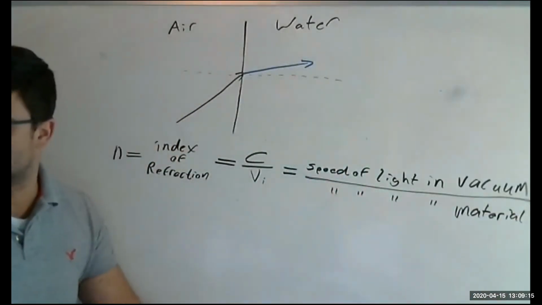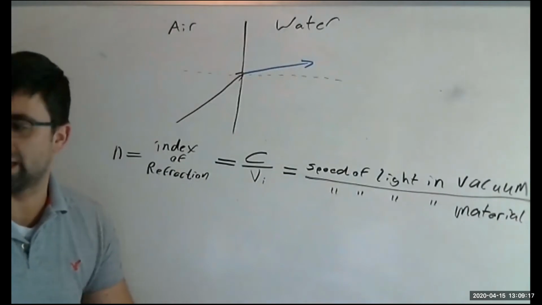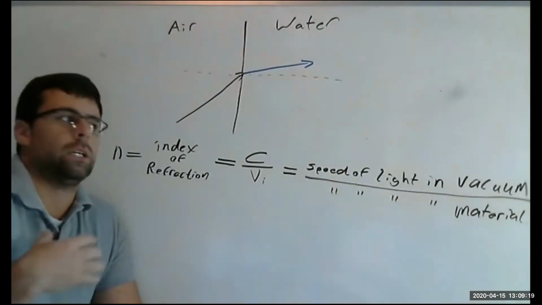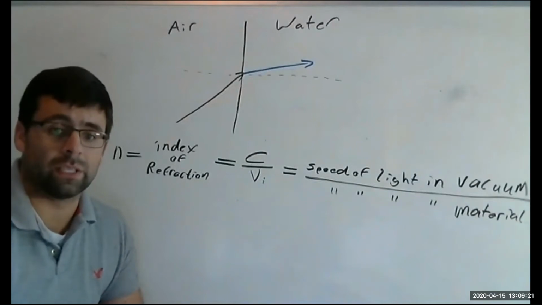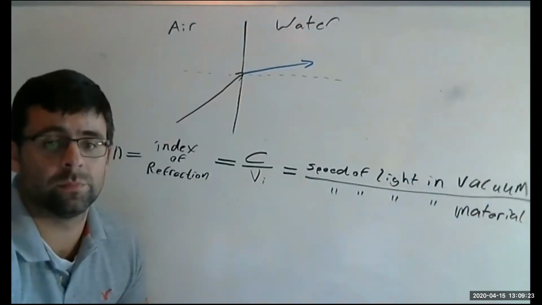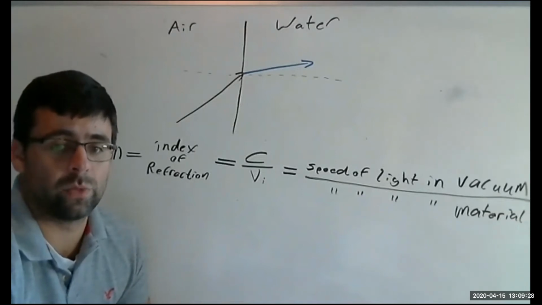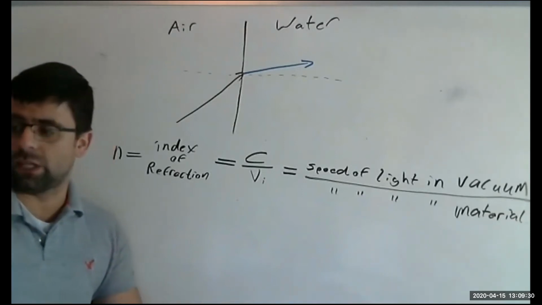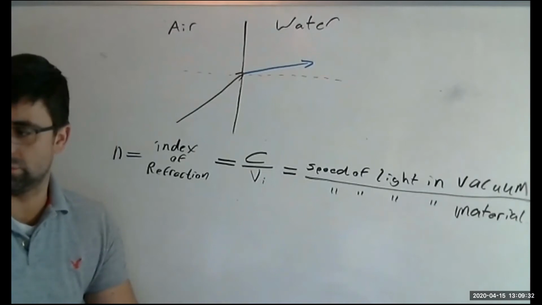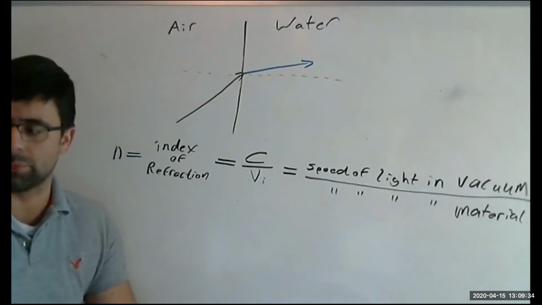Okay, so this is the basic idea, that every material has some index of refraction. It's the ratio of the speed of light outside, like in space pretty much.